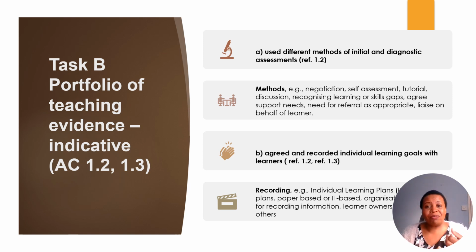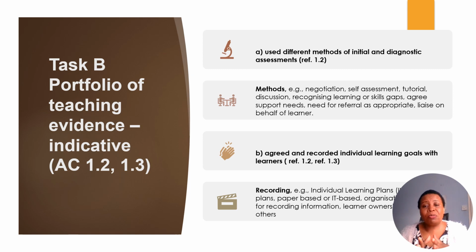And again, there was an observation done, or rather some of you still need to be observed while you're doing either a review where you are reviewing the learning goals with the learner from the beginning to the end. So you need to liaise with the learner and also the other team that do work with information, advice, and guidance to be able to plan lessons that will meet these learners' needs.